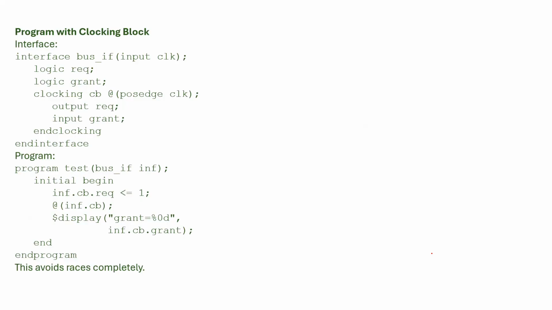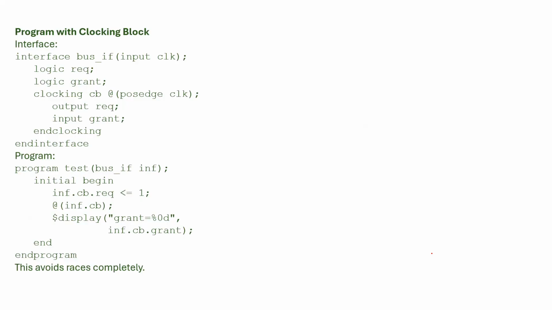Then the two things will happen at different time intervals. Okay, we will avoid the race conditions. Okay, and then why are we going for the mod ports? Mod ports give you the direction to the DUT signals. If multiple drivers or multiple signals are working on the same interface, we will get a race condition. Okay. To avoid that race condition, we are going with the mod ports.